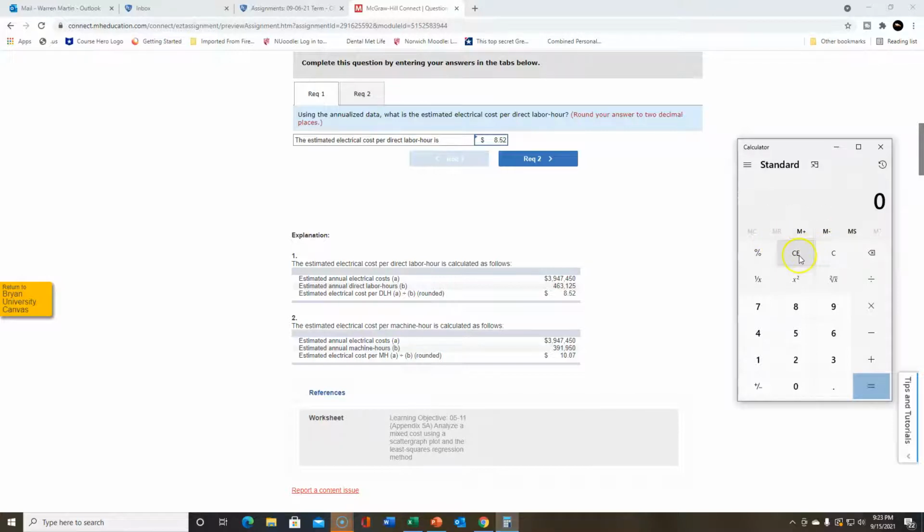There we go. 3947450 divided by 463125 equals 8.52. All right, so 8.52.